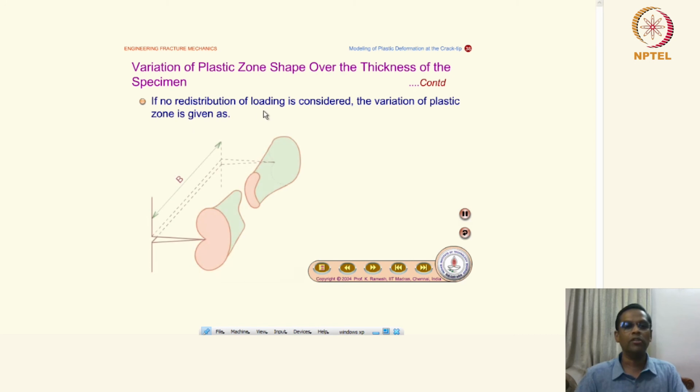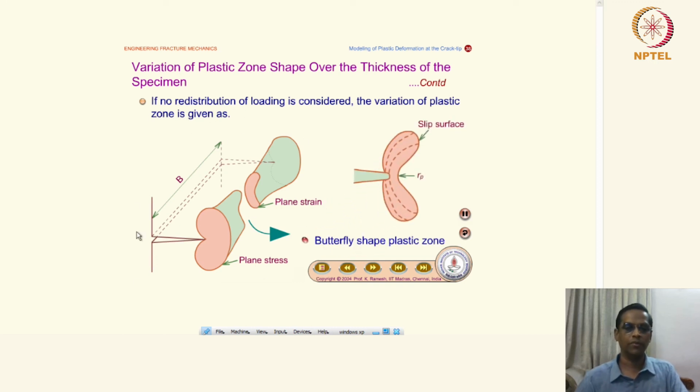If no redistribution of loading is considered, the variation of the plastic zone is given as this schematic. So this is a very interesting schematic. You see that the specimen thickness is shown here as B, and this is a crack tip.